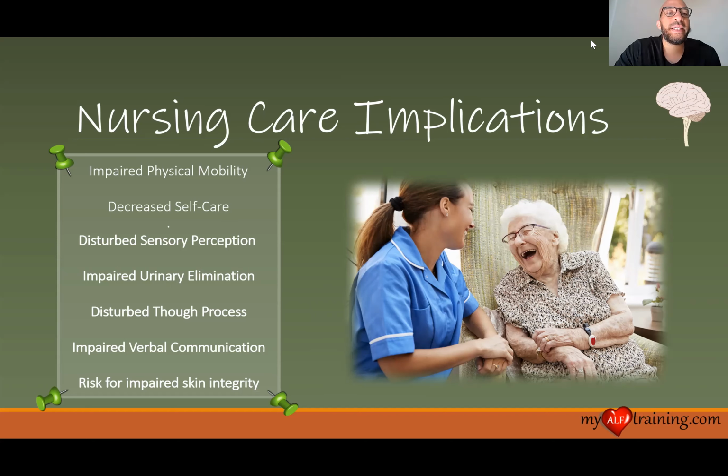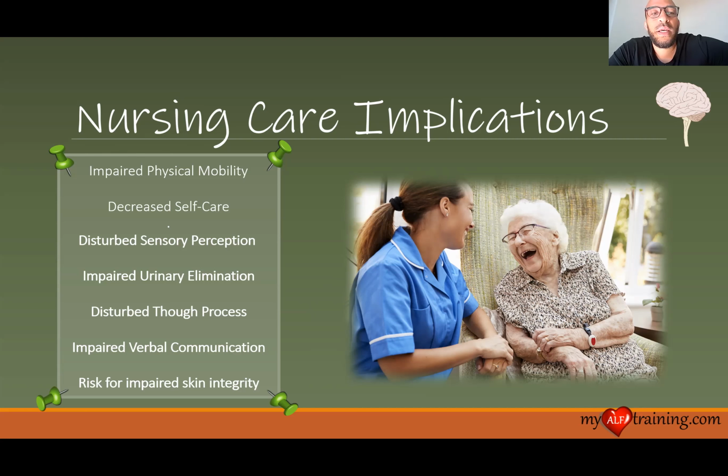Well, these are the one, two, three, four, five, six, seven. 7 points of the patient's life that are going to be largely impacted by the stroke that they had. So these are the areas of care that you're going to be spending a lot of focus trying to help the patient, trying to help compensate for the patient's lack of ability to do for themselves.